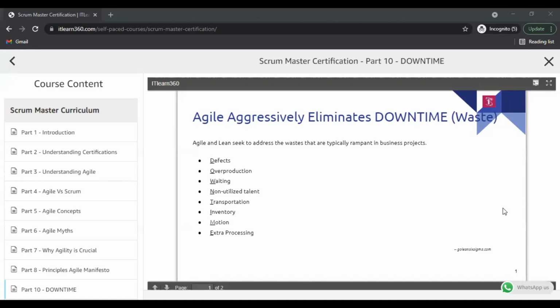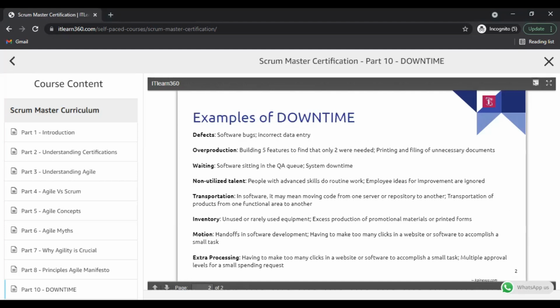Agile aggressively eliminates downtime, which is waste, and agile and lean seek to address the wastes that are typically rampant in business projects. These are defects, overproduction, waiting, non-utilized talent, transportation, inventory, motion, and extra processing. Let us quickly understand one by one what exactly these mean.